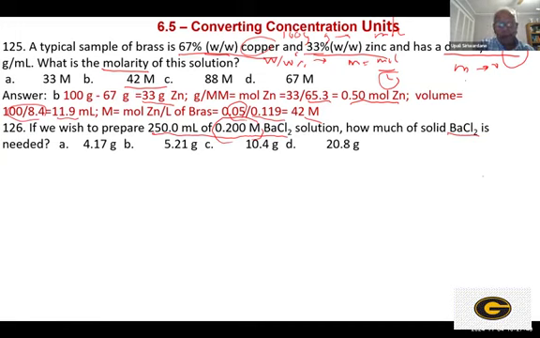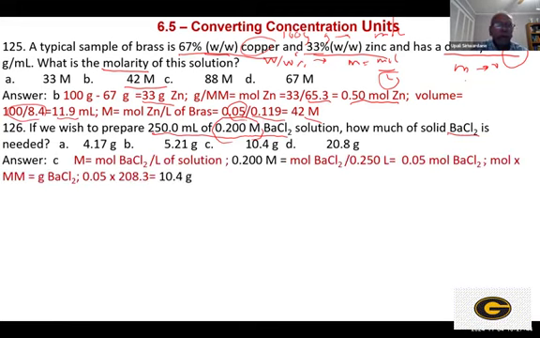We have to know the barium chloride formula weight. So this is the molarity of the moles of barium chloride. This is given here, 0.200. So you plug in this.